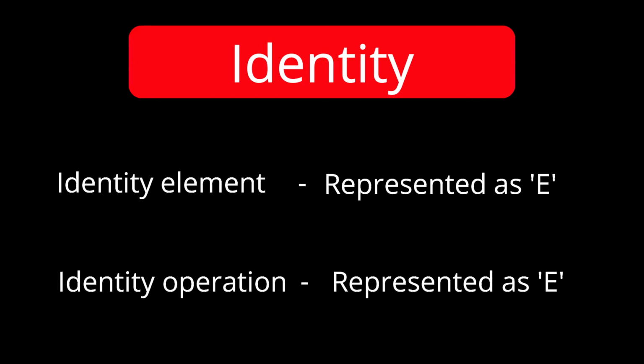Element is a fundamental aspect, a tool, an equipment by which we can perform any action or no action. So doing no action, doing no change, that is identity operation. It is represented by E.